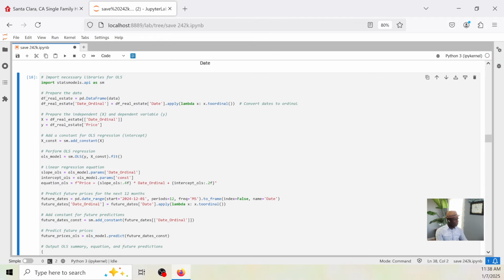So now, getting towards the conclusion of this machine learning prediction project, what I'll be doing is applying the OLS linear regression algorithms to determine with confidence what this looks like.